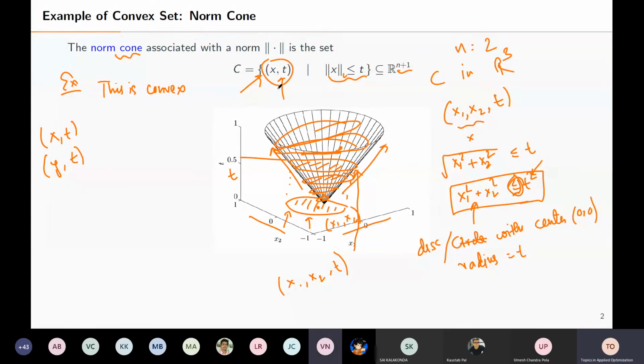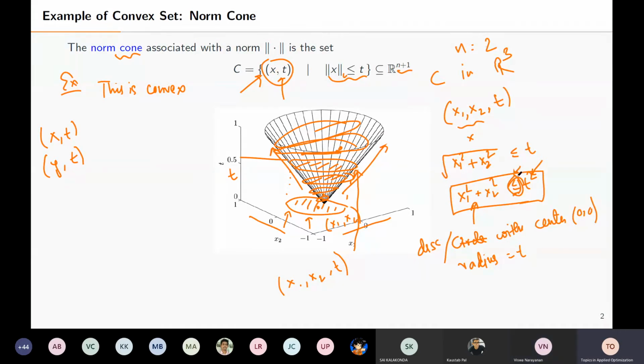Sir, I have a doubt here. In the last class, you told that the line joining two points should also belong to the set, but in this cone, it won't. It will be only in the border, right? Not in the center, right? But a disk is included.